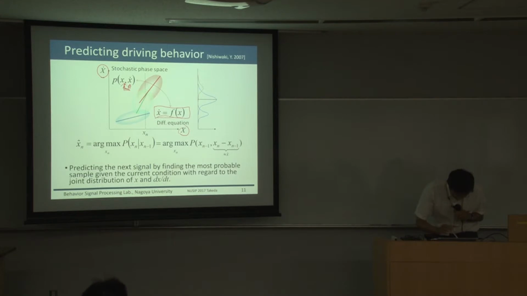For example, if the density of the data distribution is like this, okay, it's a superposition of three simple Gaussian distributions, which tells us a lot of things. For example, a very typical value of the x dot at the given value x is maybe like this.